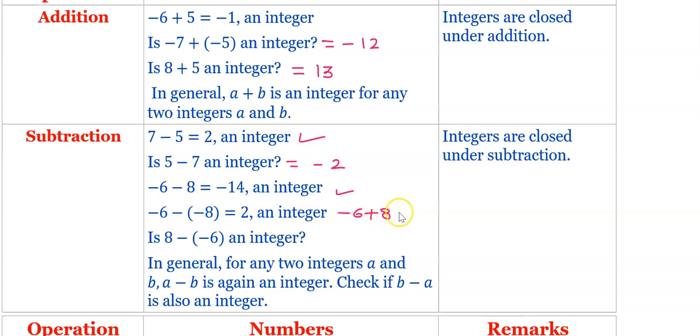That is minus 6 plus 8, and that equals 2. This is also an integer. Okay. Therefore, in general, for any two integers a and b, a minus b is again an integer. And b minus a is also an integer. Therefore, we say that the integers are closed under subtraction.